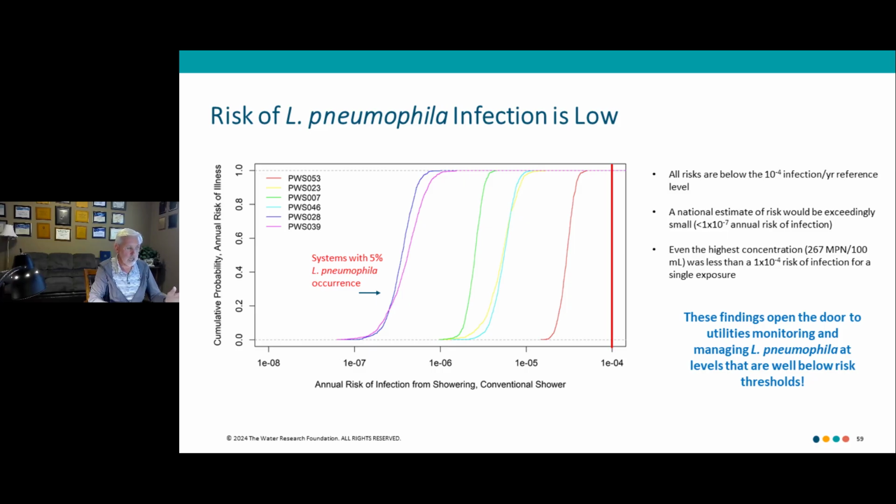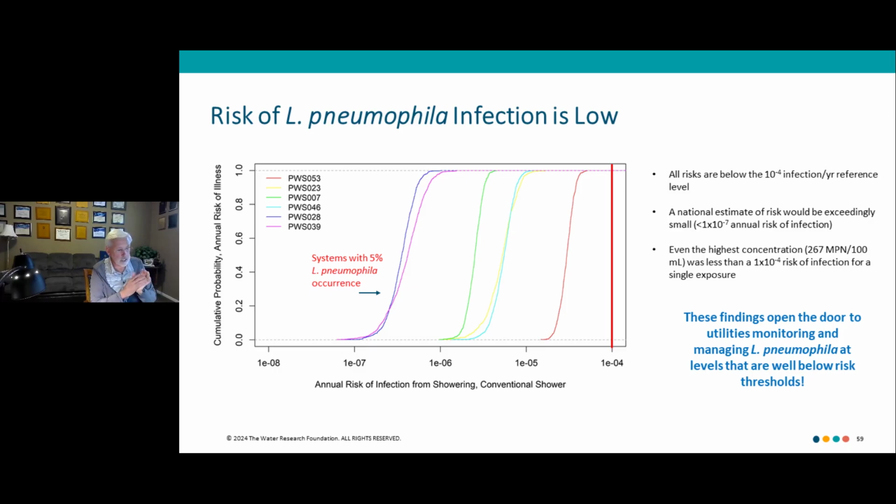For utilities that have a higher occurrence, greater than 5%, we have higher baseline risks, but still all of them were less than that 1 in 10,000. And even the highest concentration, which was 267 MPN per 100 milliliters, when we put that into the single sample exposure, was less than a 1 in 10,000 risk of infection based on that one exposure.